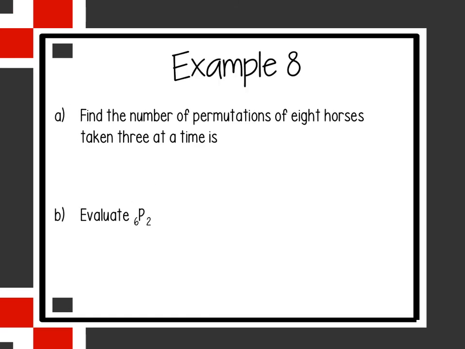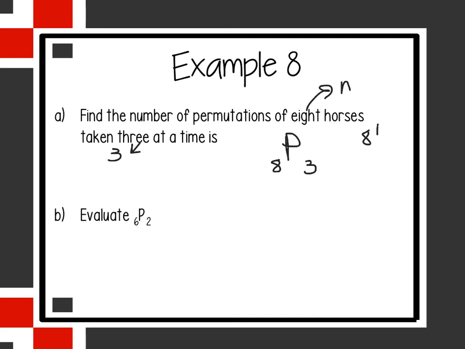Those look like this. Find the number of permutations of 8 horses taken 3 at a time. So you have 8 horses, but you only want to figure out what kind of order I can put 3 of them in at a time. If it was all 8, it'd be 8 factorial, but this is take 3 at a time. My n is 8. My r is 3. So this would be P with 8, 3.